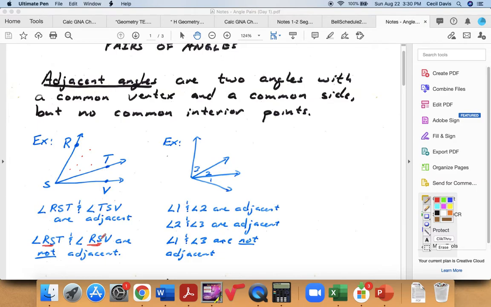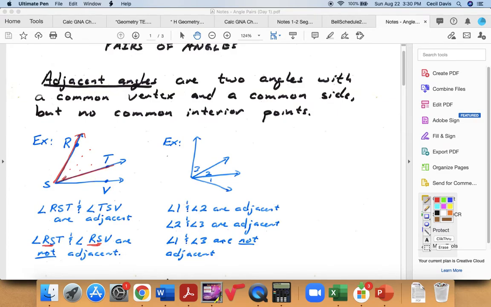Is that inside angle RSV also? Yes, it is. That's why RST and RSV are not adjacent, because although they have the same vertex and they share side SR, they share interior points. More colloquially speaking, we could say that they overlap.